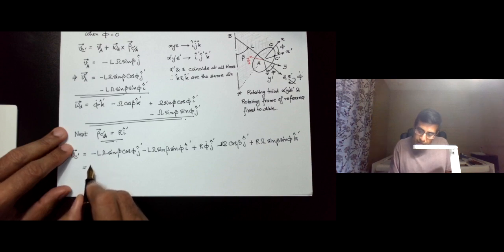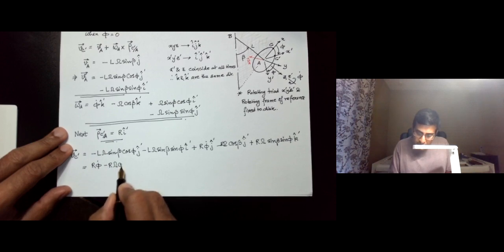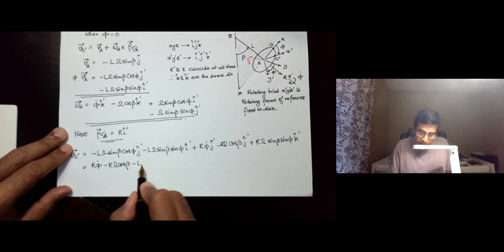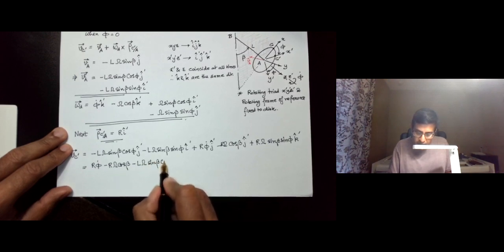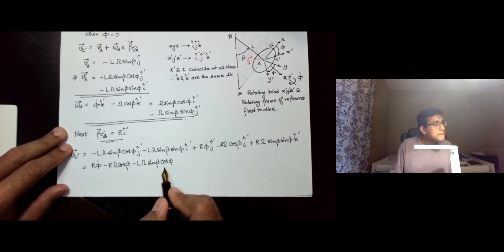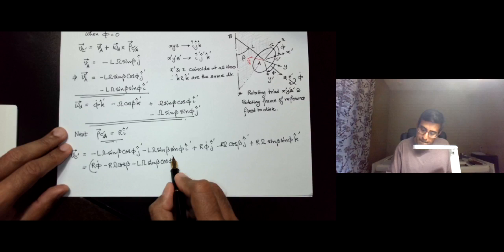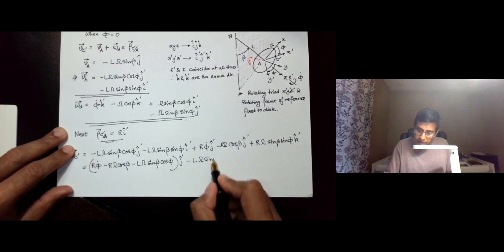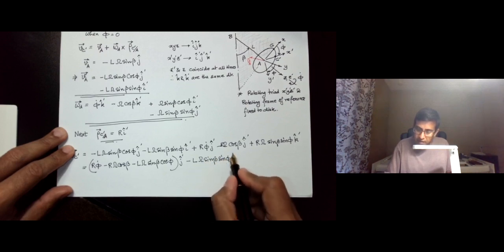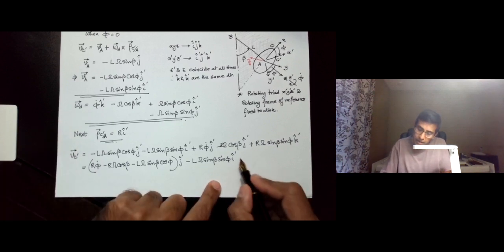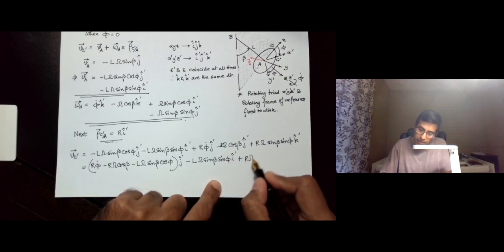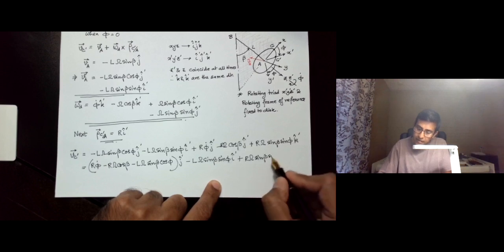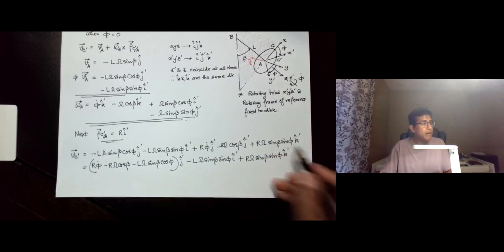So we will have R phi dot minus R capital omega cosine beta minus L capital omega sine beta cosine phi j prime, minus L capital omega sine beta sine phi i prime, plus R capital omega sine beta sine phi k prime.